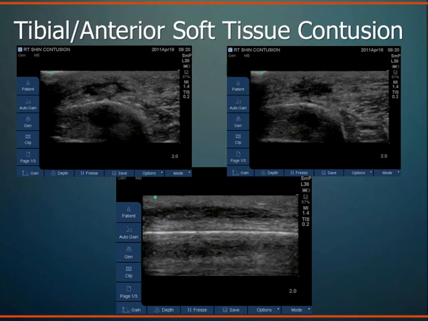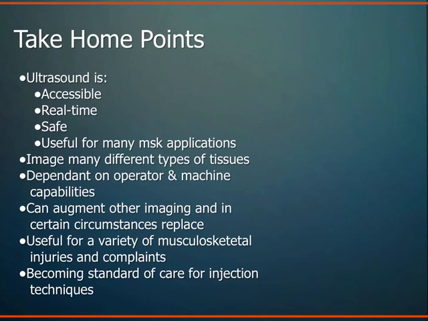So I imaged it, and what you see here is a short axis view of the tibia, a long axis view of the tibia through here, and you can see the superficial subcutaneous collection of fluid from the hematoma from tissue disruption, hematoma here, and here you can actually see a little bit of tissue debris. Sometimes with these hematomas you get thickening of the tissue and a collection of tissue debris, which can sometimes cause other complications which you could follow on ultrasound that you might not necessarily see on X-ray or other imaging modalities.